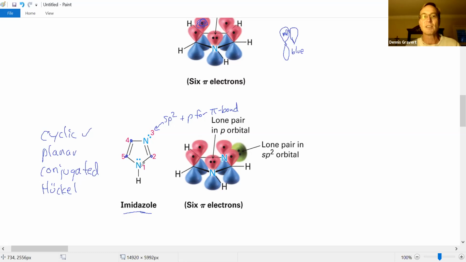This other nitrogen, if I wasn't thinking aromaticity, I would say, hey, nitrogen, 3 bonds, lone pair, you should be sp3. That still could be planar. But now, wait, that might be a wild card. This nitrogen could use its lone pair to count as pi electrons if it becomes sp2.